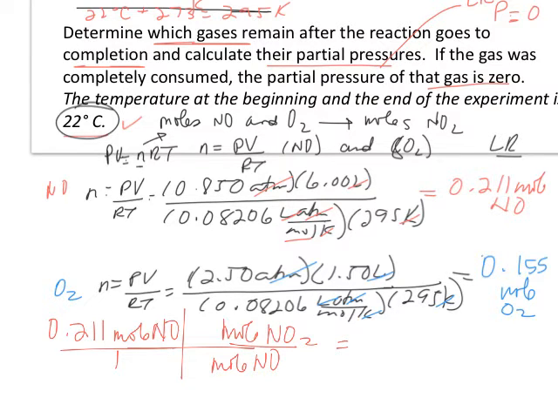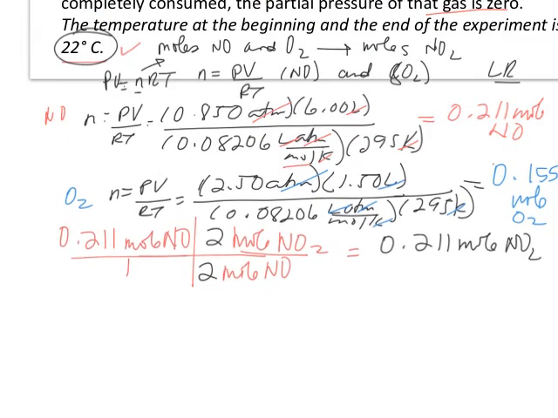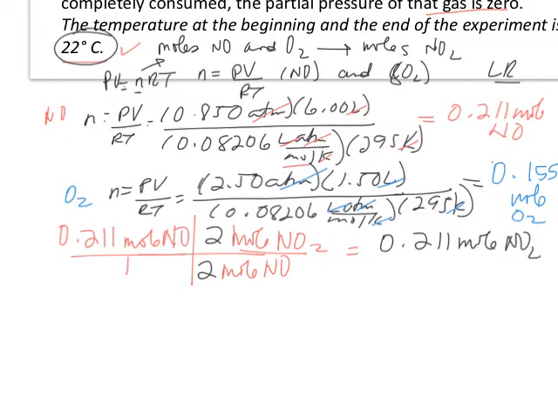We look at our coefficients in front of our equation. What's the coefficient of NO? Yes, 2. And what about NO2? 2. So this is going to work out to be 0.211 mole of NO2.